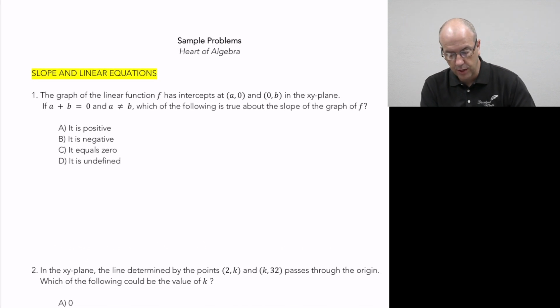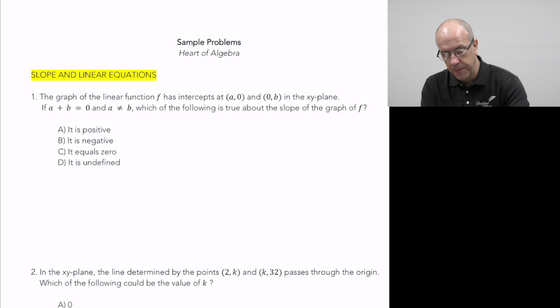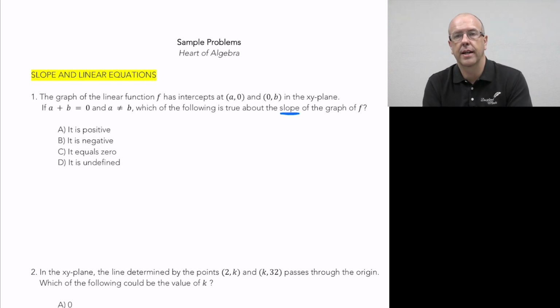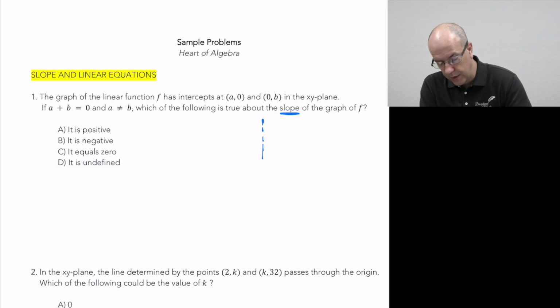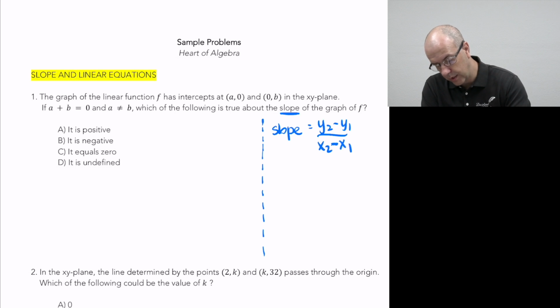Now, there's really two ways for us to do this, and I'm going to focus on the fundamental way right now. If we read through the question, it says slope. So the first thing I'm going to think is, okay, slope is y2 minus y1 over x2 minus x1.